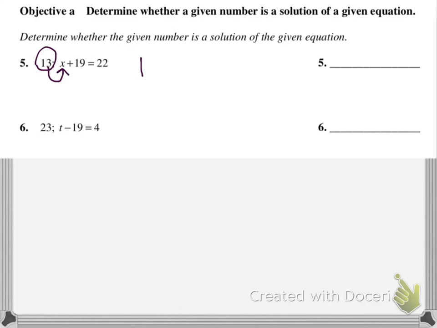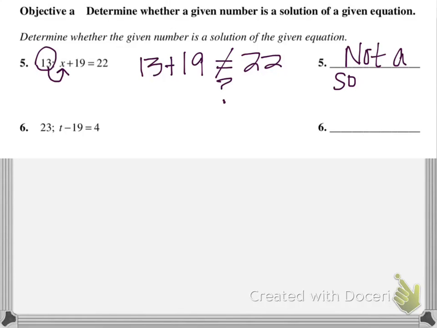So we want to know, is 13 plus 19 equal, and that's the big question mark, to 22? Well, 13 plus 19 I know is not 22, so this is not a solution. In fact, you get 32 when you add those together.